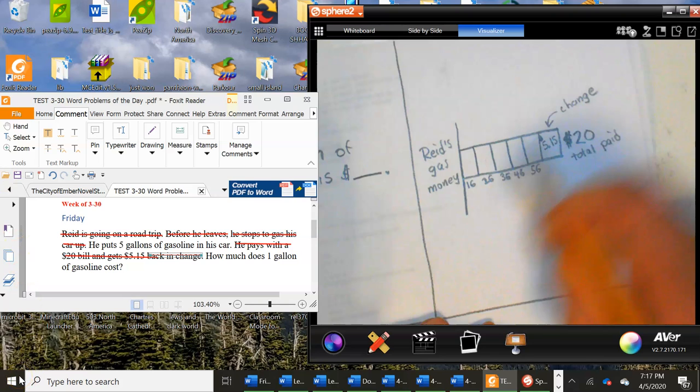So I'm going to go ahead and work out the math here. I will probably use this one because I think I can work on this one and solve it through. I'm going to take 20 and subtract $5.15. And yes, I am going to line those decimals up. I'm going to add a couple of zeros here so it's a lot easier for me to subtract.